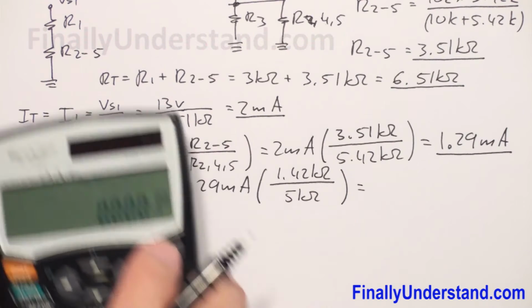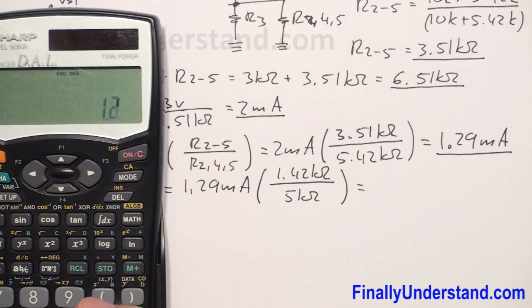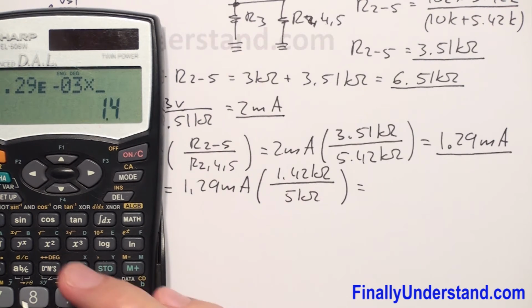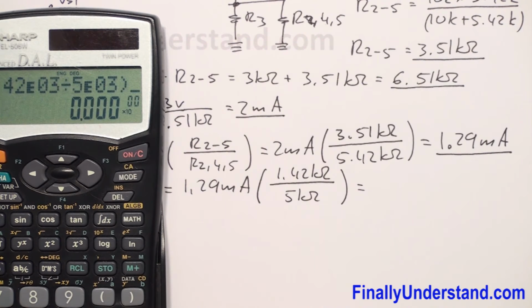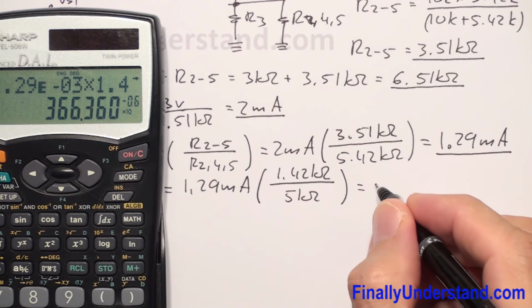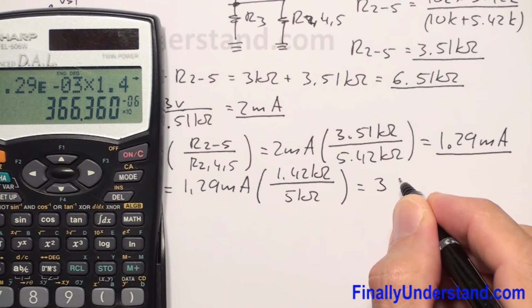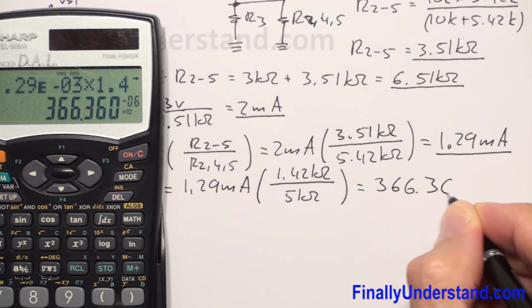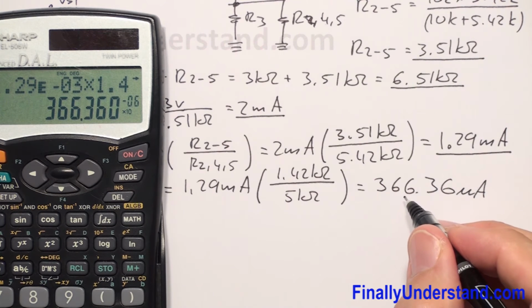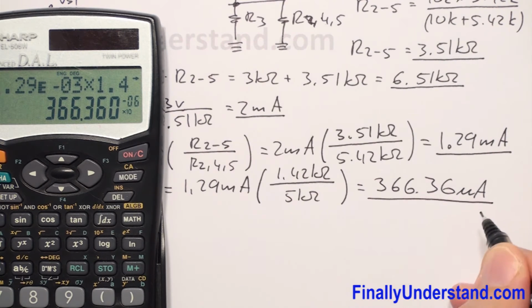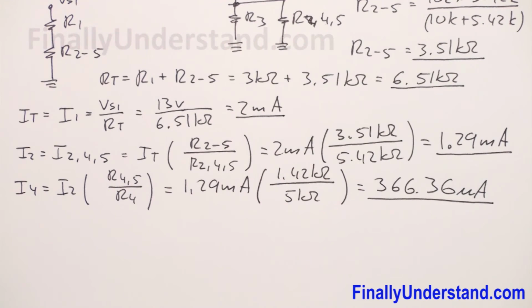This is equal to 1.29 times 10 to the negative 3 times 1.42 times 10 to the 3, divided by 5 times 10 to the 3, close parenthesis, equal to 366.36 microamps. This is my current which will go through resistor R4.